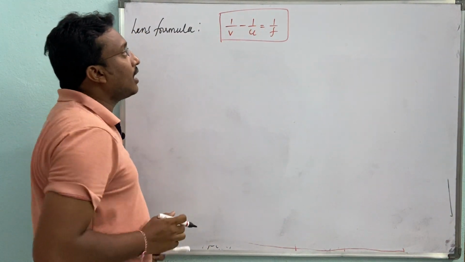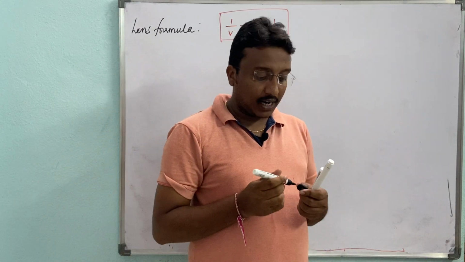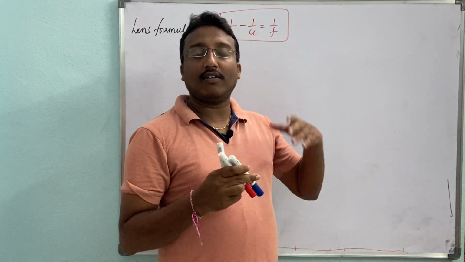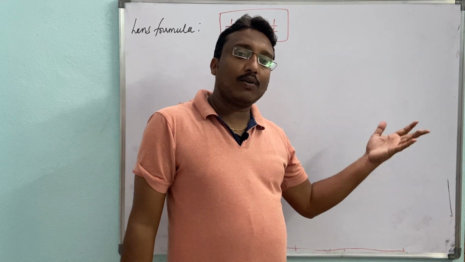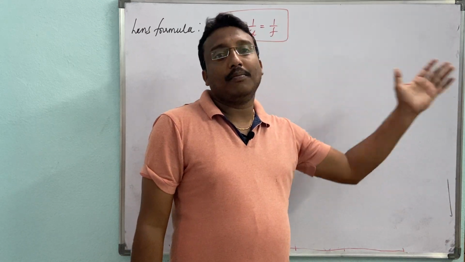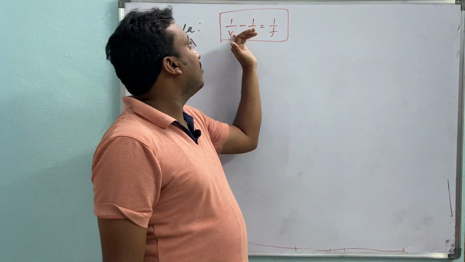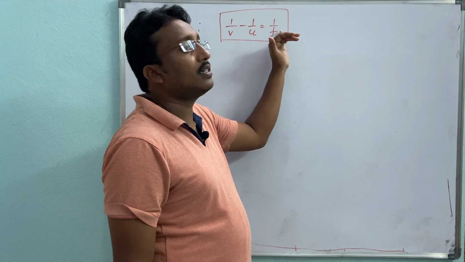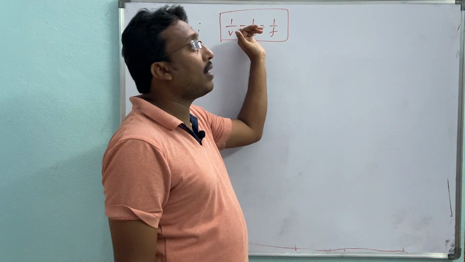This is known as what? The lens formula. 1 by v plus 1 by u equal to 1 by f is called the mirror formula. 1 by v minus 1 by u equal to 1 by f is the lens formula. See here, minus.